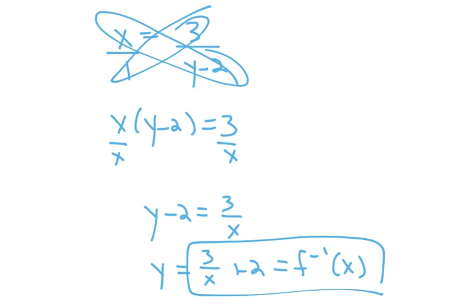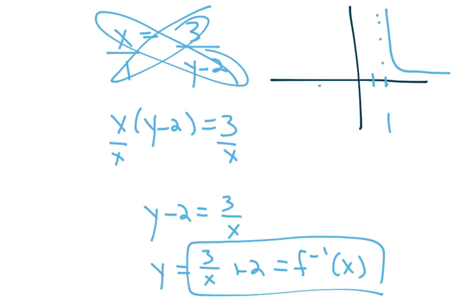Well, again, you can go and look at the original graph. The original graph is a rational function that's been shifted 2 to the right, and it's been stretched vertically, so it probably looks something like this. That is a function.